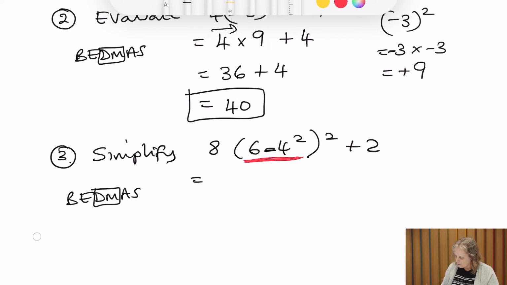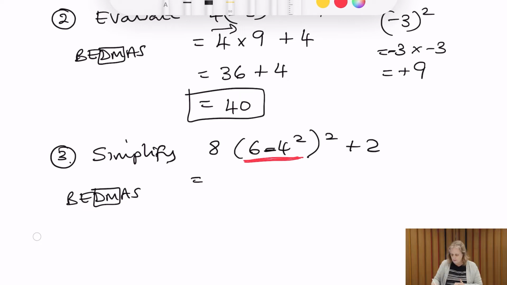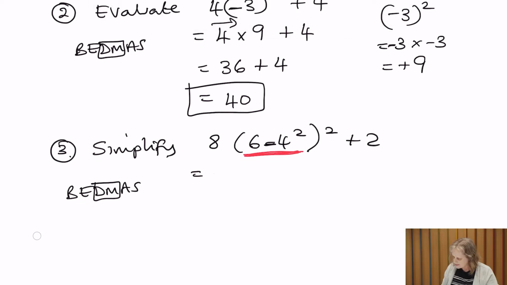So what we have to do here is we have to do BEDMAS within the bracket itself, because we've got a subtraction and we've got the exponent. So we know that we need to do the exponent first and then do the subtraction. So we know 4 squared means 4 times itself 2 times, 4 times 4, which gives us 16.